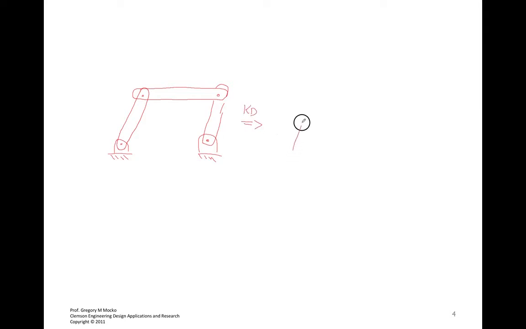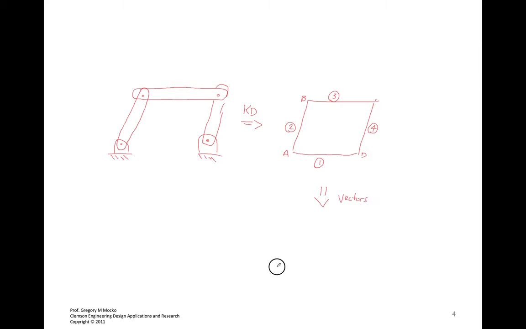So a kinematic diagram will look something like the following. 1, 2, 3, 4 links, A, B, C, D, okay? And 4 joints.